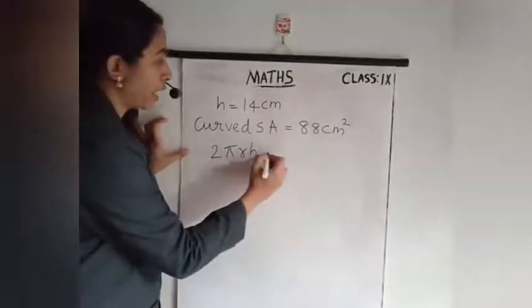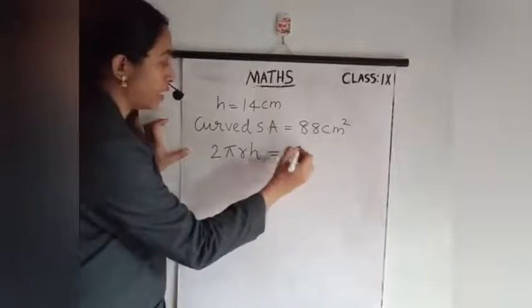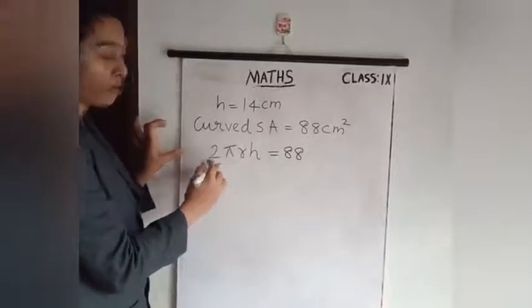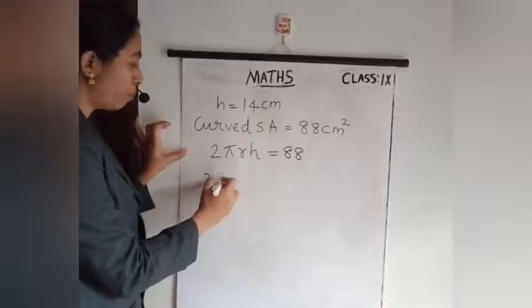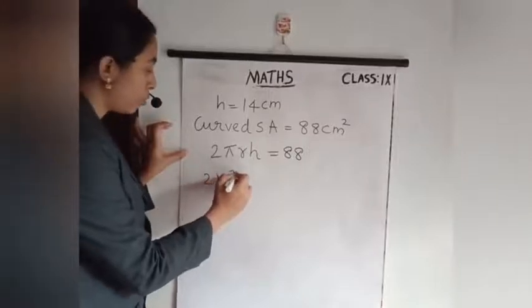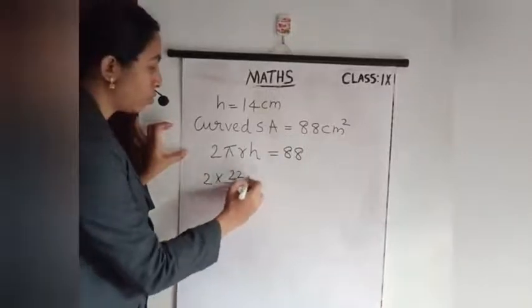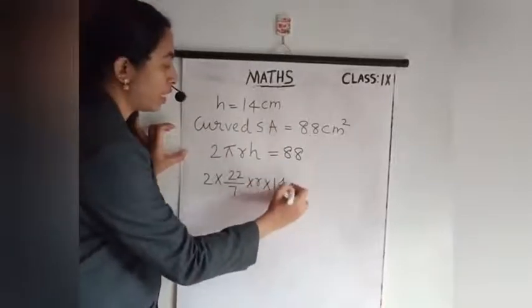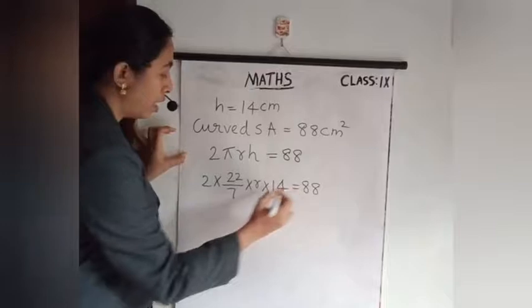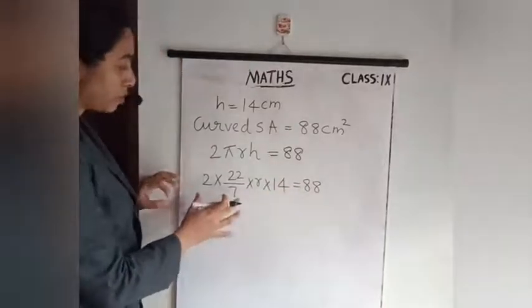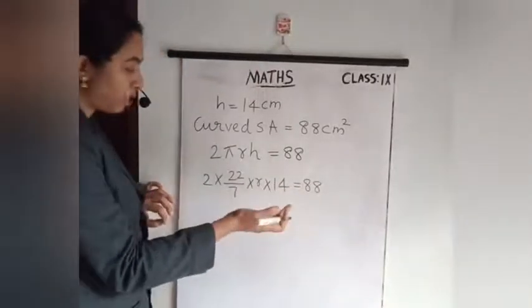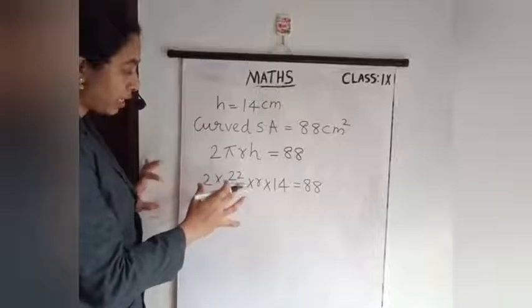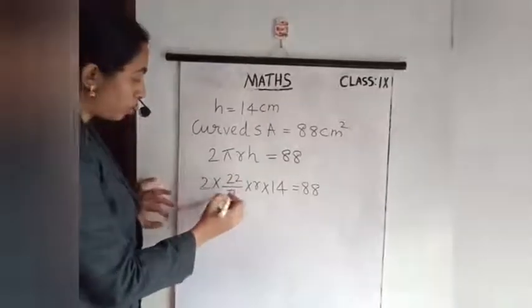So 2 pi r h is equal to 88. Now substitute the values: 2 into pi taken as 22 by 7 into r into h, which is given as 14, equal to 88. Now transpose these all to the right hand side, or we can cut on this side already.